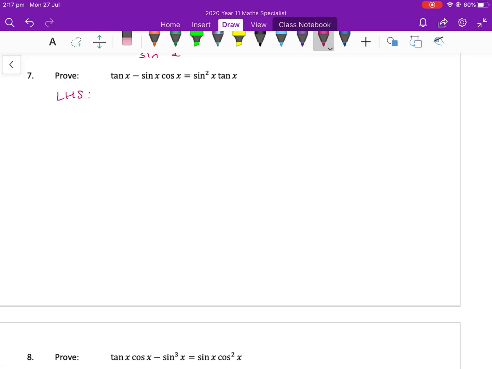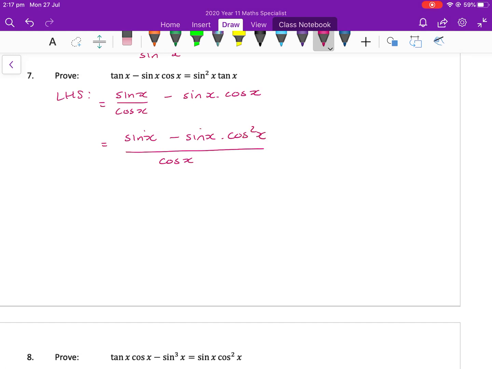So the first thing I'm going to do is change my tan x into sine x over cos x on the left-hand side. I'm going to then make sure they've got a common denominator for these 2 terms. So I'm going to multiply the second term by cos x, and then I can place them all over cos x.